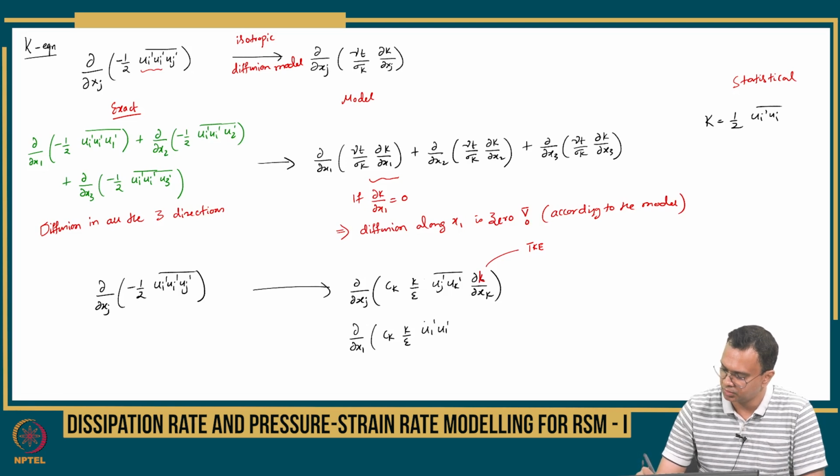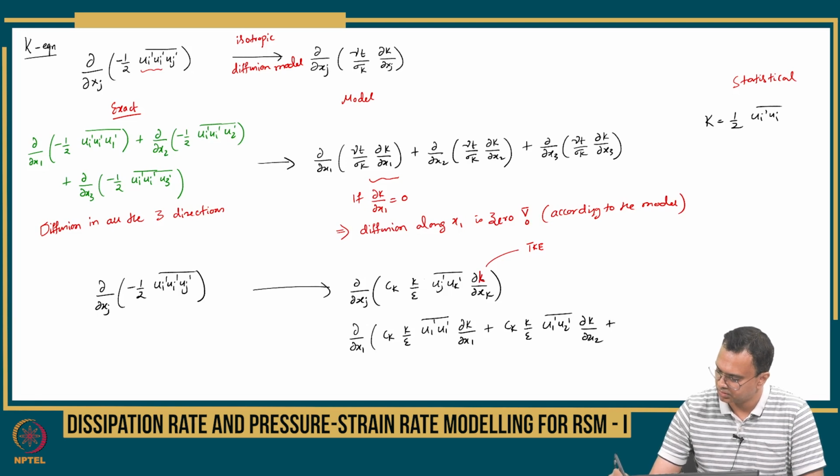So I get u1 prime u1 prime dou k by dou x1, plus the other term, ck k by epsilon u1 prime u2 prime dou k by dou x2, plus ck k by epsilon u1 prime u3 prime dou k by dou x3.